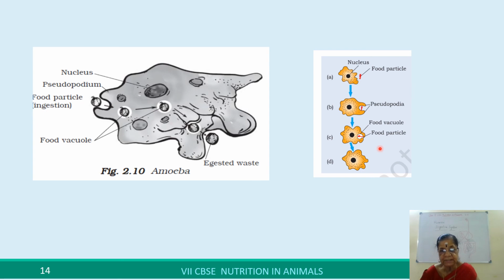I hope you understand this. The 5 steps in digestion are ingestion, digestion, absorption, assimilation and egestion. And we have learnt about digestion in ruminants with the 4 chambers of the stomach, and then nutrition in amoeba and the steps involved in it.